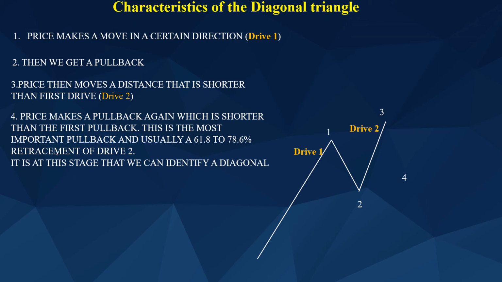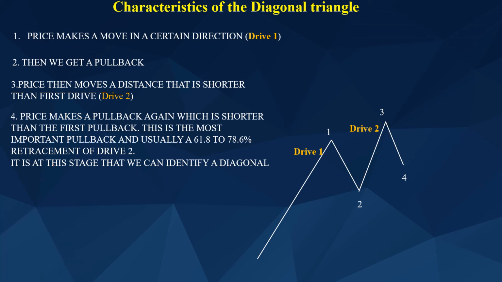The most important pullback is usually between 61.8 and 78.6 retracement. This should be at least 61%. Usually I like the 61% to 78% retracement of this particular move.